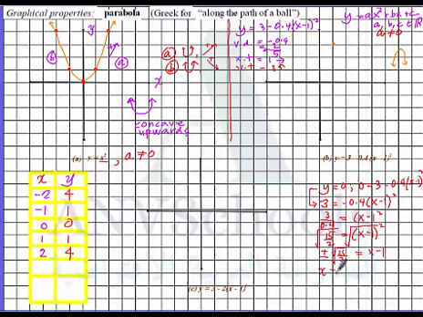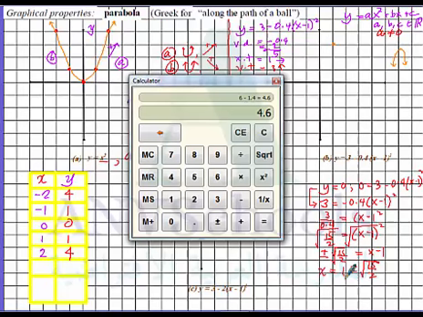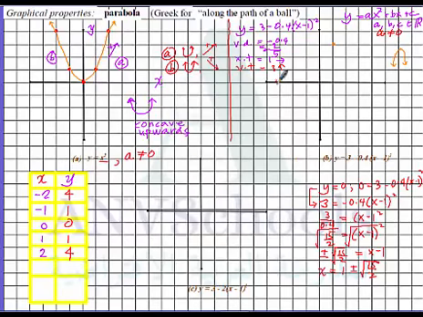So our x is equal to 1 plus or minus square root of 15 over 2. And 15 over 2 is just 7.5, so we take our calculator here. The square root of 7.5 is 2.74. So x is approximately 1 plus or minus 2.74.